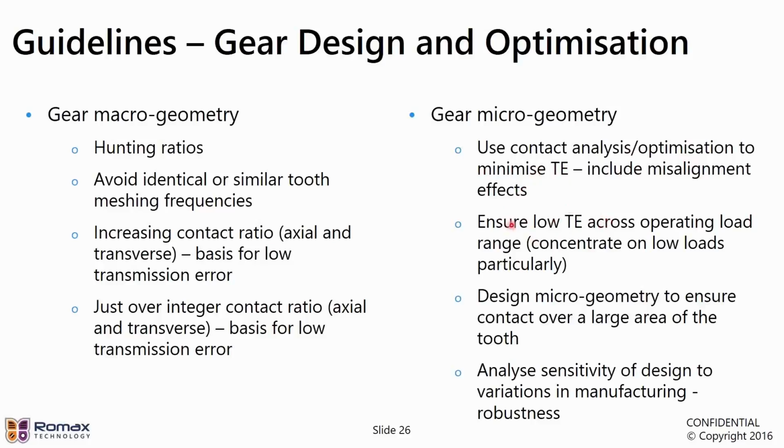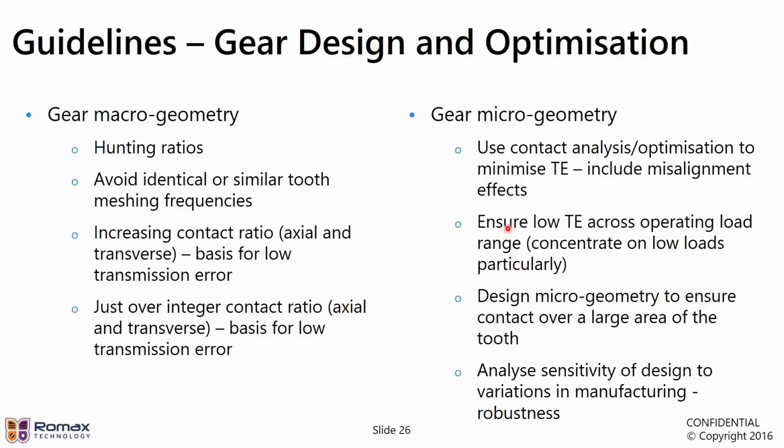We want to be ensuring that the transmission error is not just low at one load, but typically machines with gears in are subject to a range of loads, and we want the TE to be low across a range of operating conditions. Typically, it's not possible to have it low at every single loading condition, and at some point it will increase.